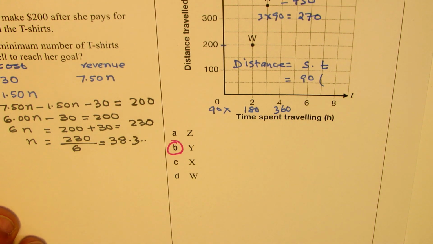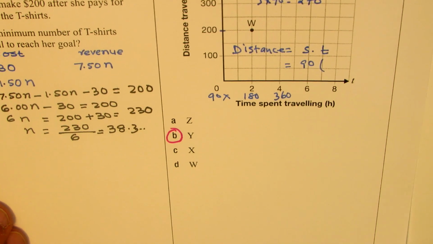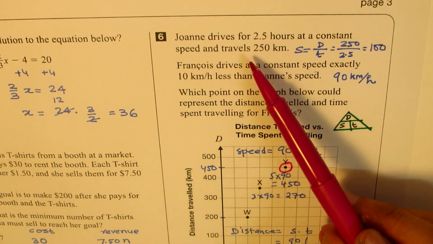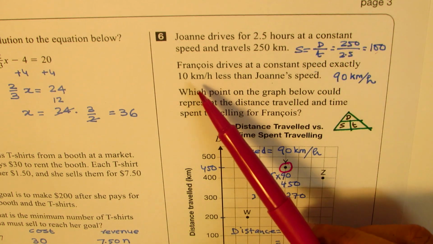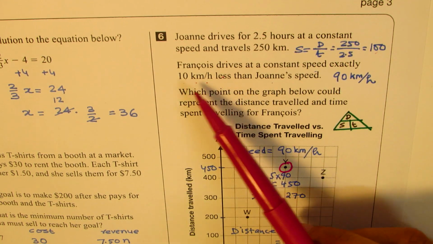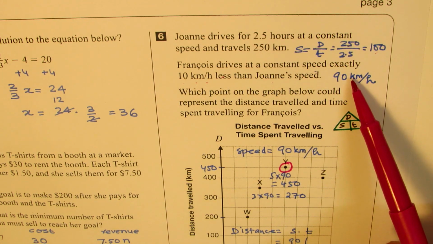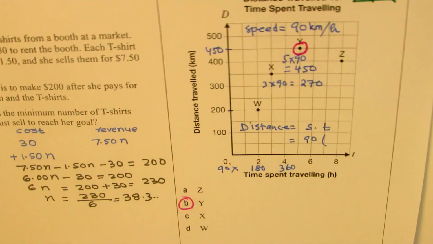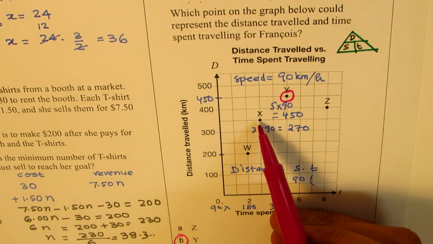Right? So let's try to understand this question once again. It's slightly tricky. Now what we are given here is speed of one person, which is 100 kilometers per hour. The other person is driving at 10 kilometers per hour less. That means the speed is 90 kilometers per hour. Now in the graph, we have to see at different times using 90 how much distance can be covered.